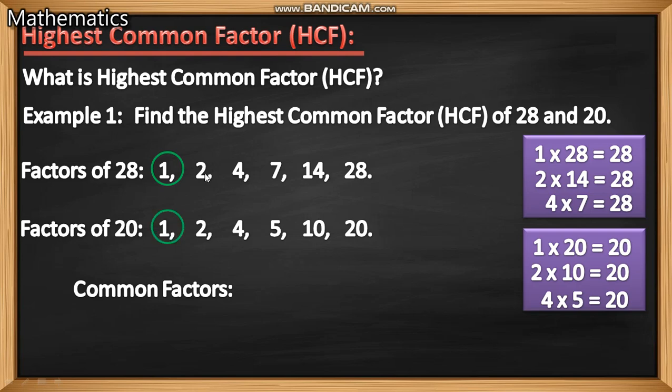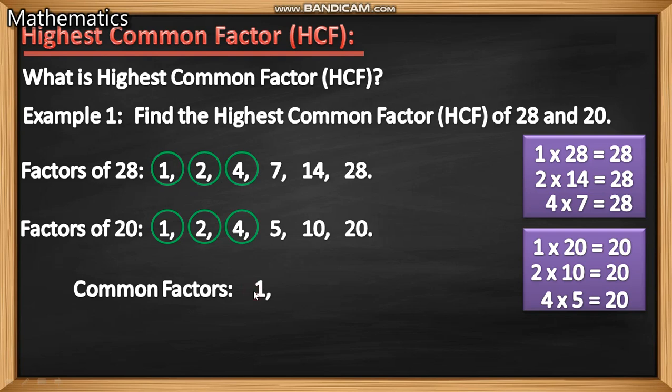Then 2 is here and here also, so circle here and here. Then 4 and here also 4. Then 7, there is no 7, so let's avoid that. 14, there is no 14. 28, there is no 28. Then the common factors are 1, 2 and 4.